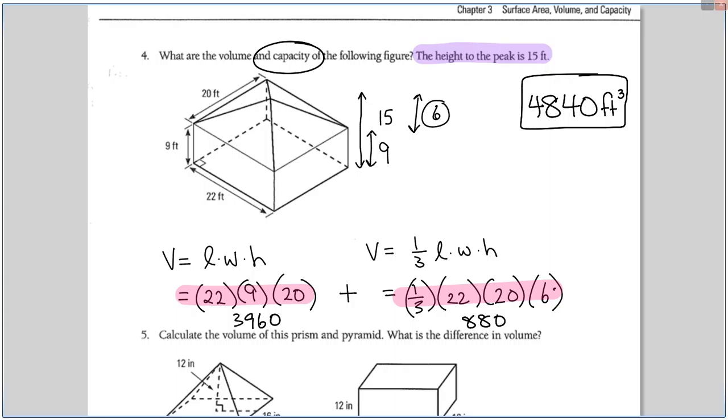I won't ask for capacity if I give you an imperial unit. So on the test, if it asks for capacity, it'll be metric, okay? And there's a few. Metric. Yeah, so you're good. Looking at this test, very doable. Very doable. Alright, so for this question, we're not going to worry about the capacity.